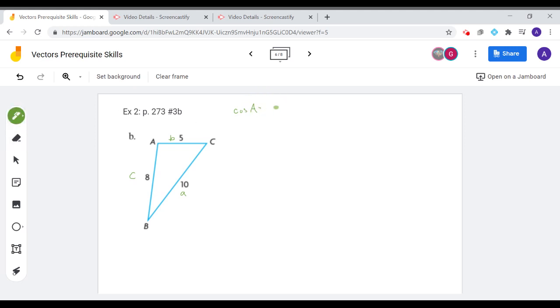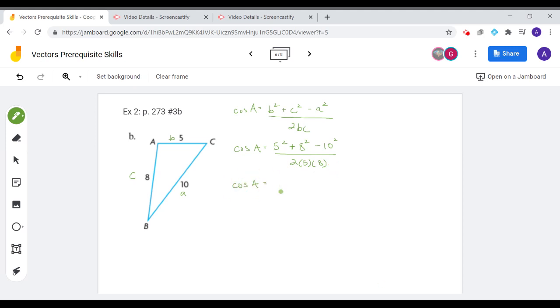So I'm going to do B squared plus C squared minus A squared over 2BC. So we get cosine of A is 5 squared plus 8 squared minus 10 squared all over 2 times 5 times 8.